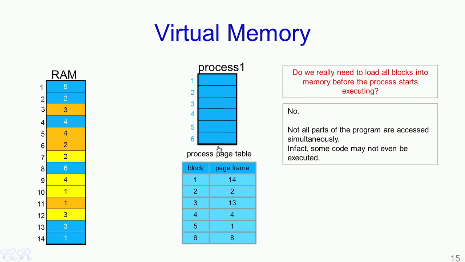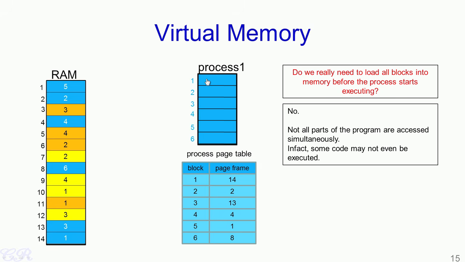Essentially, what we notice about programs is that not all parts of the programs are accessed simultaneously. In other words, there is a locality aspect in the way a particular program executes. What this means is that if some instructions are executed in, let us say, this particular block, it is highly likely that the next few instructions that follow would also be present in this block.